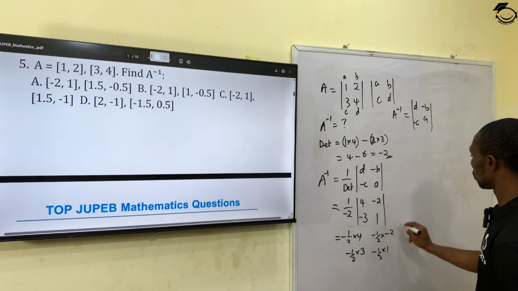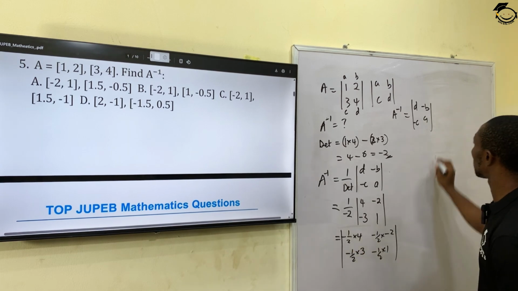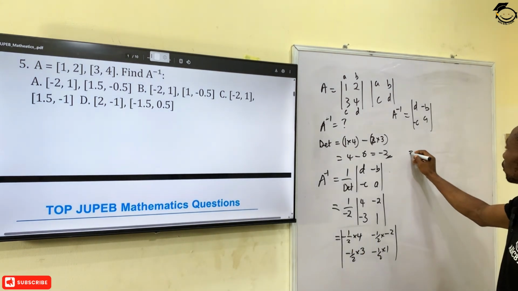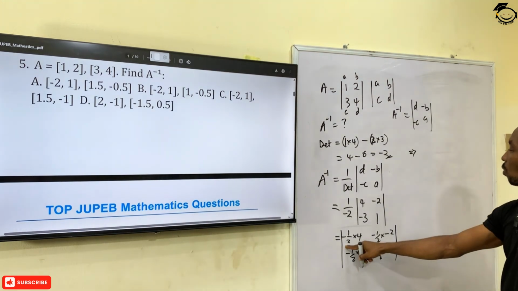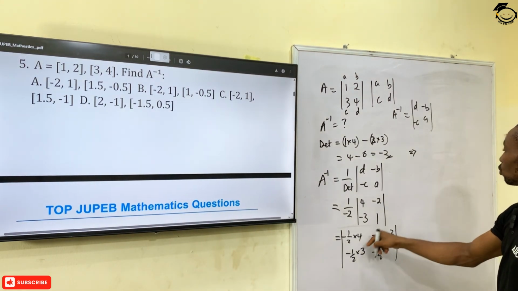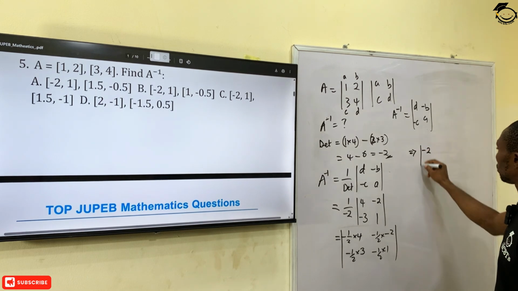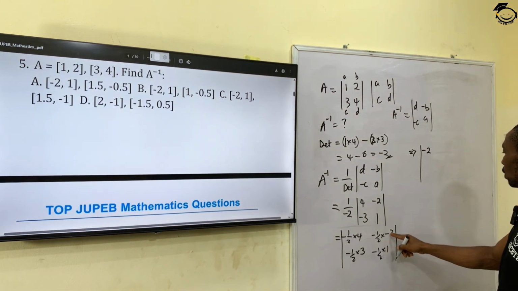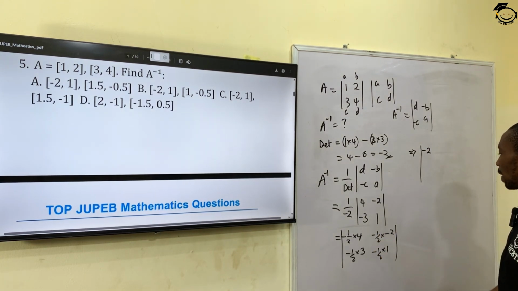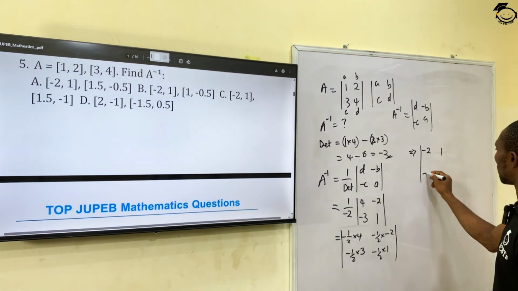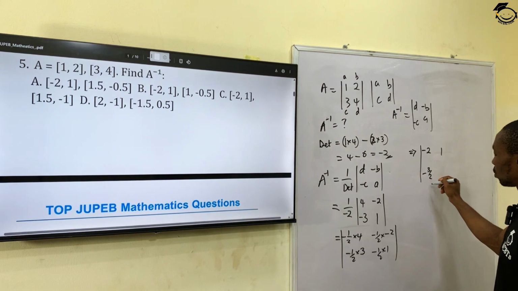So from here, we can see our new matrix will become: 1 over 2 into 4 will become minus 2. Minus will cancel minus, leaving us with 1. And this will give us 3 over 2, okay?